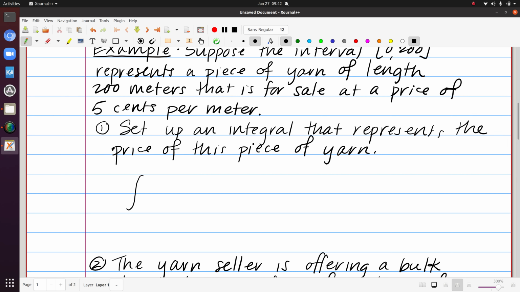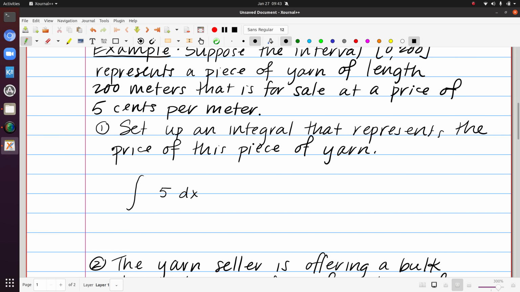In this case, the integrand is constant. No matter where we are on the piece of yarn, the price is going to be fixed. And so that's going to be my integrand, just the constant 5. And again, that's measured in cents per meter.